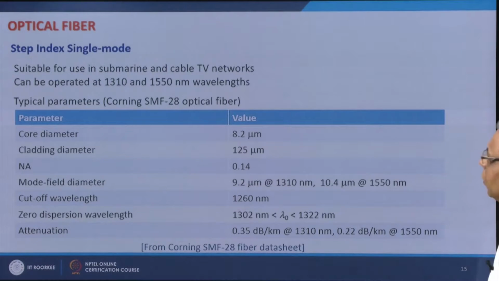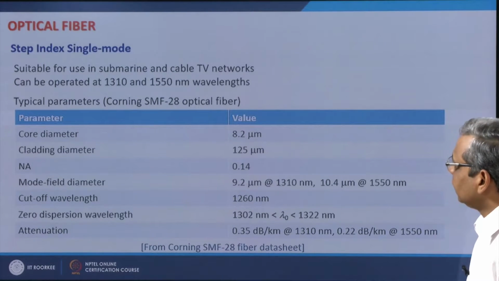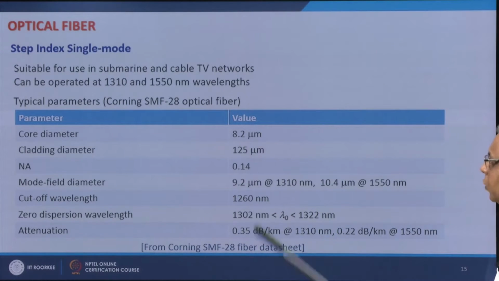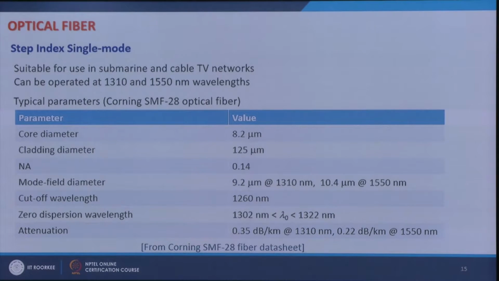Typical parameters of a Corning SMF28 optical fiber are core diameter 8.2 micrometer, cladding diameter 125 micrometer, numerical aperture 0.14, mode field diameter 9.2 micrometer at 1310 nanometer wavelength, 10.4 micrometer at 1550 nanometer wavelength.